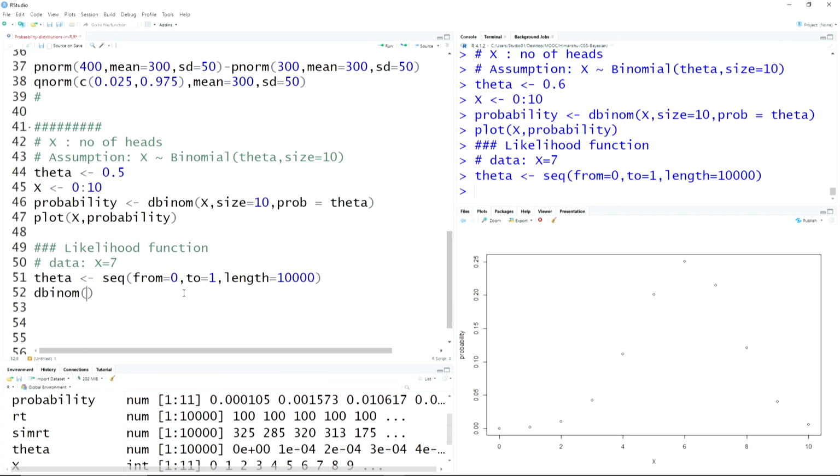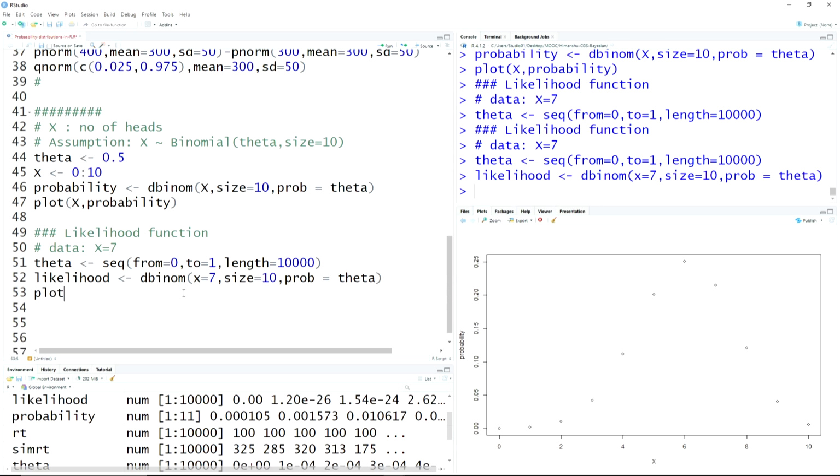Data would go here. So data is 7, x equals 7, right? Sample size is 10, so that is also fixed. And here I would pass the vector of thetas. So the underlying probability of a trial is this vector of theta. So I am basically calculating it for different values of theta. Let me call it likelihood. So I will get a vector of likelihoods corresponding to each value of theta.